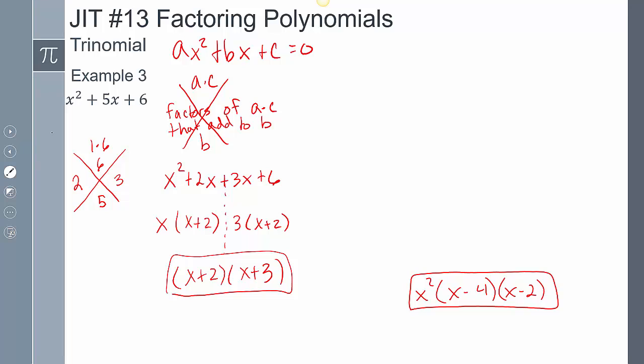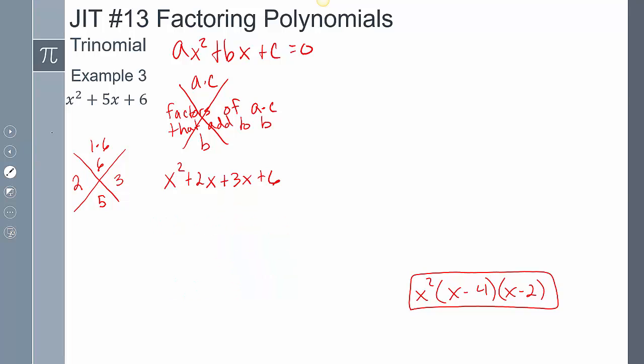So you're probably wondering, wait, how did we get from this to this? What happened there? Okay, so let me review that again. What I did was I took the x squared, that stayed the same. I wanted to break apart this 5x into these factors here.